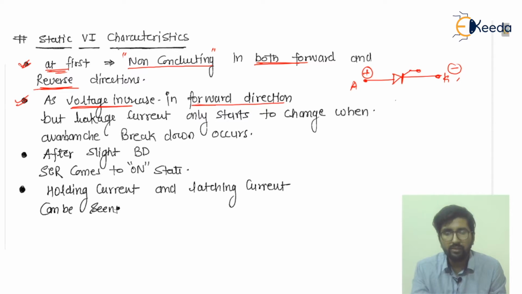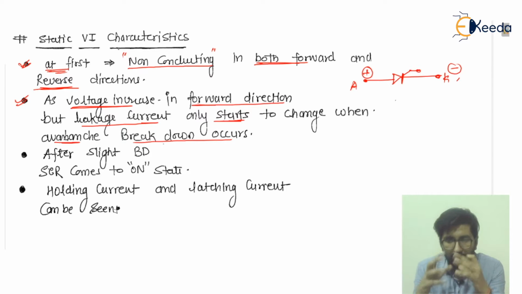In the forward direction only the leakage current starts to change, and the current will only start when there is avalanche breakdown.